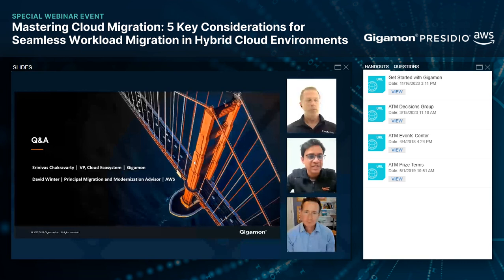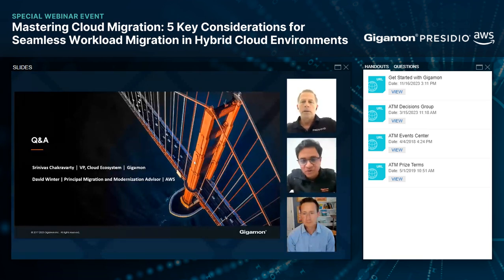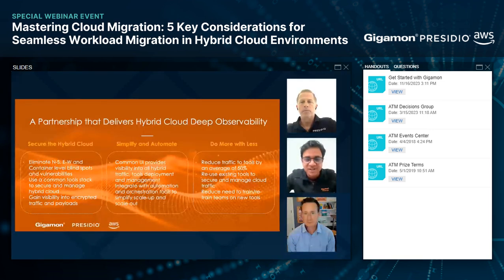So if the customer is, let's say, using AWS services on-prem, or bringing AWS services closer to the customer that wants to run those workloads on-prem, again, Gigamon is there running on Outpost as well. So we do all this tight collaborative activity with AWS and help customers figure out the right kind of services to use wherever the workloads exist.